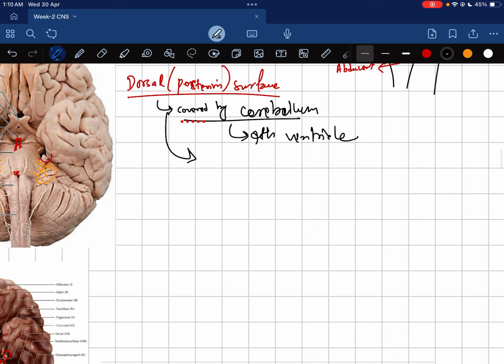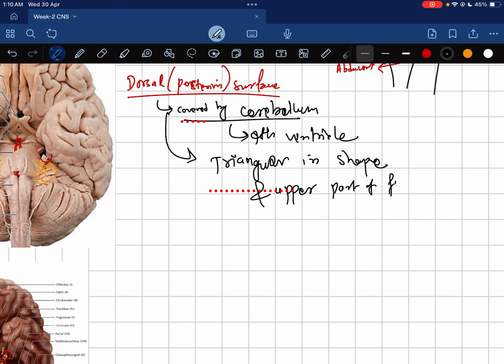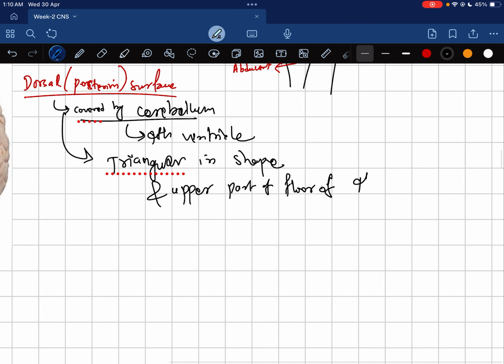It is triangular in shape and forms the upper part of the floor of the fourth ventricle. We have discussed this already.